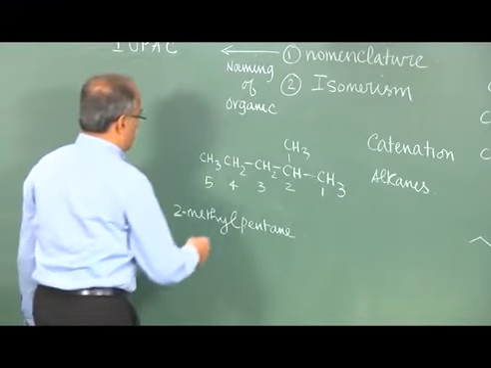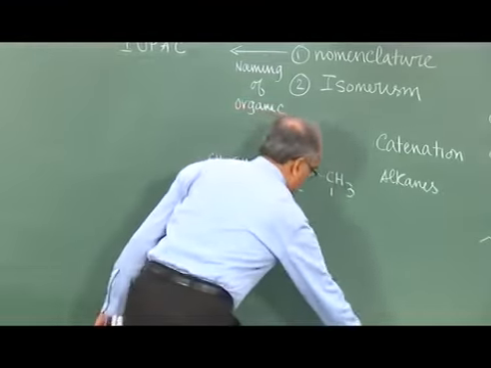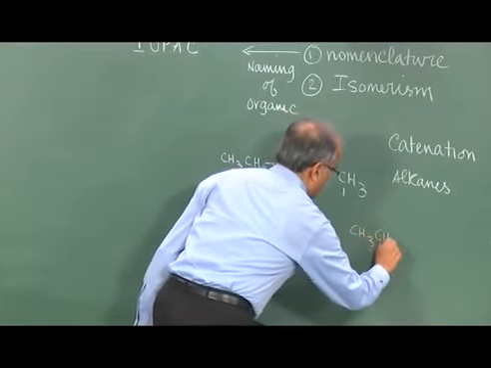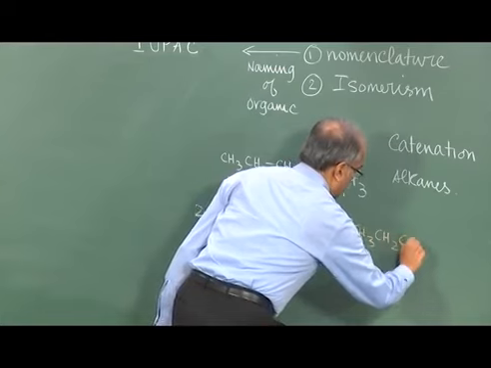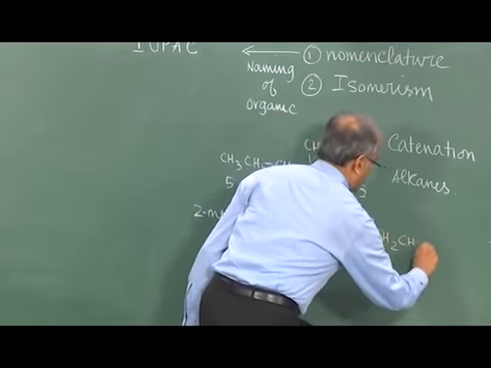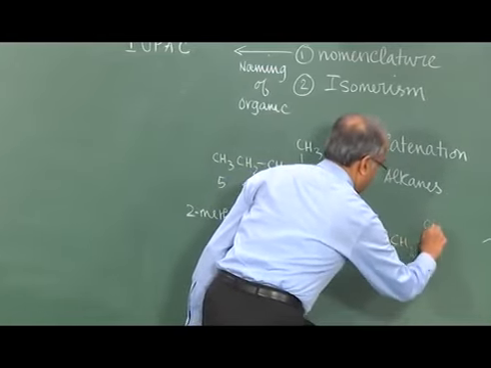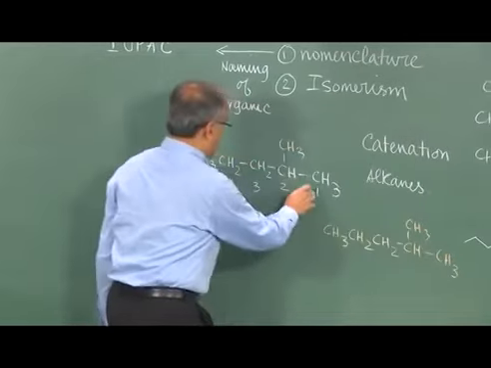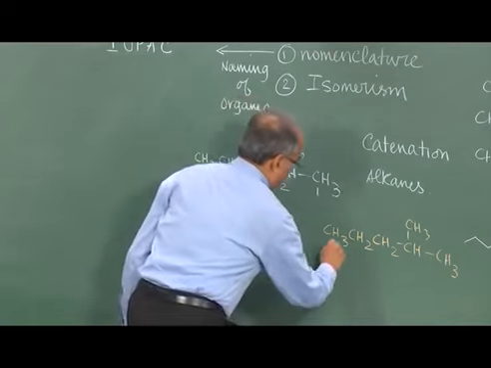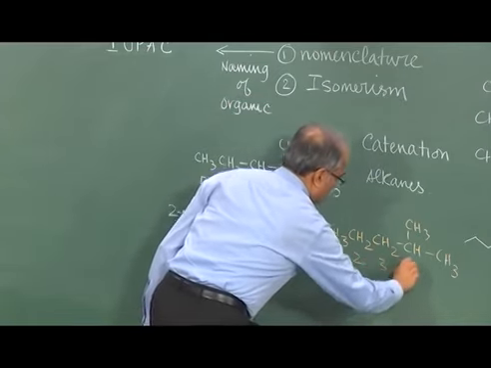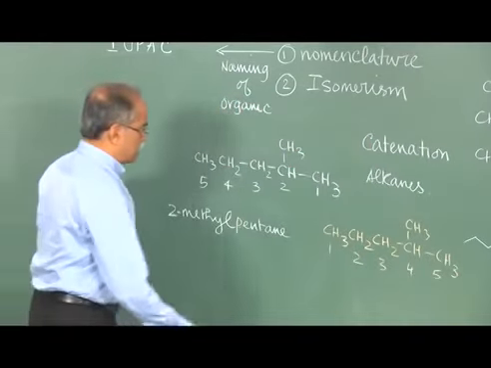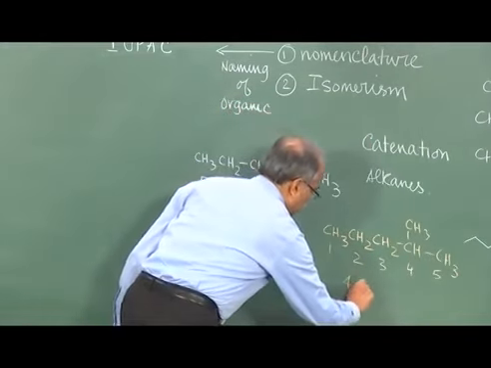One can make a mistake of naming it slightly differently, which would be the wrong name for this particular compound. Instead of starting the numbering from the right hand side to the left hand side, one can start from the left hand side to the right hand side and call it 4-methyl pentane.